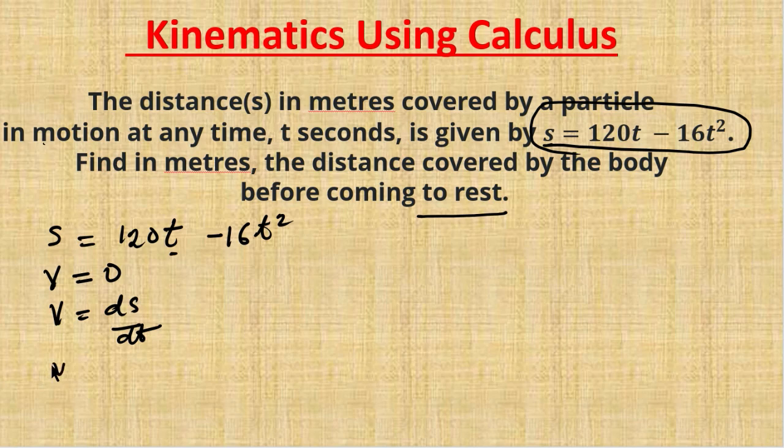So the first thing I want to find out is what is ds/dt. We know that if y is equal to ax raised to power n, my dy/dx is the same thing as a n x raised to power n minus 1.